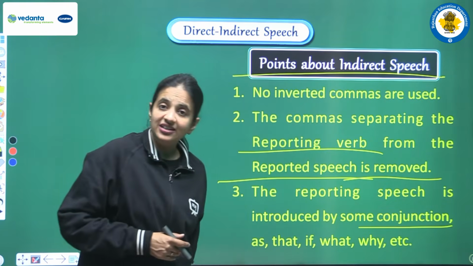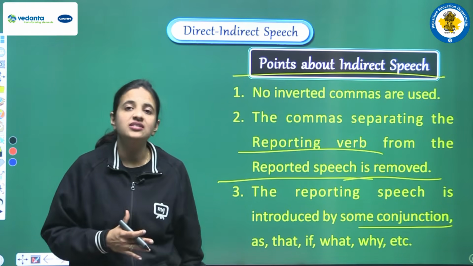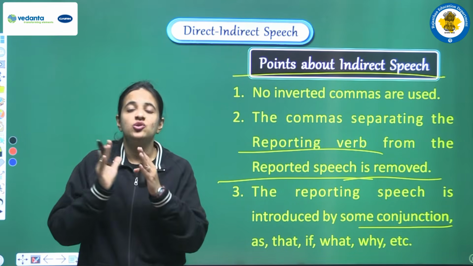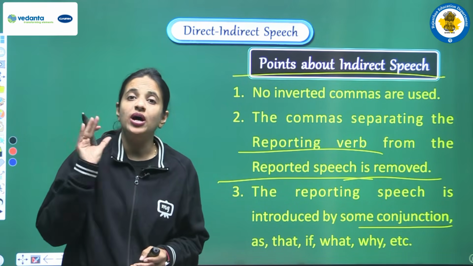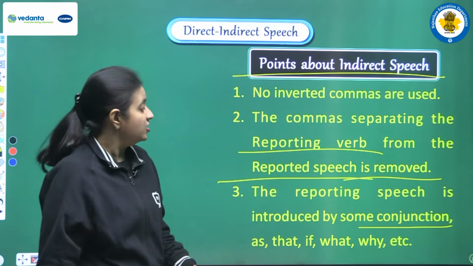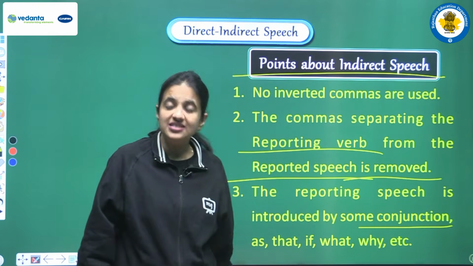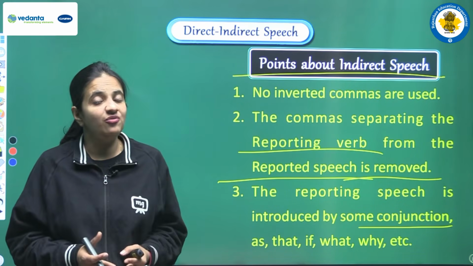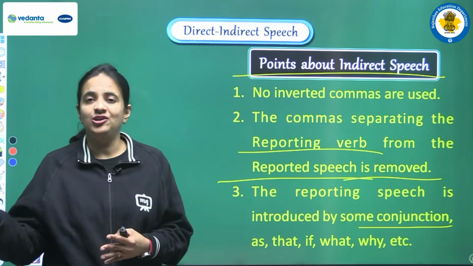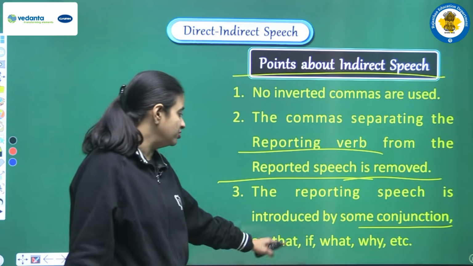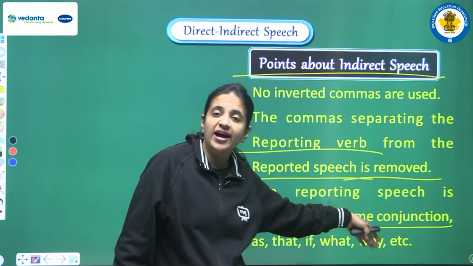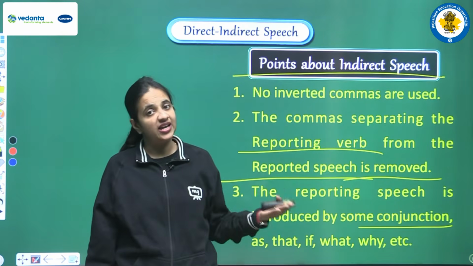So why do we need a conjunction? It's very obvious, because now in the sentence of indirect speech no commas will be there, so now we have to add one word as a conjunction. So we are having so many options, and we will see in the further videos what conjunction we have to use in what kind of sentence, because we are having that, also if, also WH words, what, why, and so many other words are used as conjunctions.